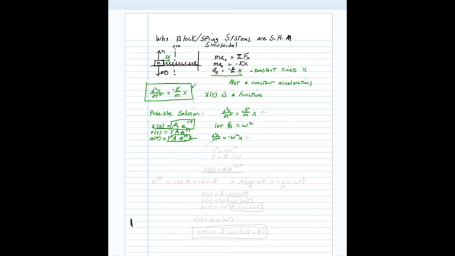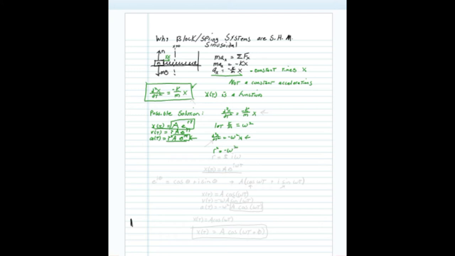And if you look at this specific example here, we have negative omega squared times the original function equals the acceleration. So just map those two things. The second derivative of x with respect to t is the acceleration. x is a times e to the rt, and r squared is negative omega squared. That's what you can see from mapping this out. So r squared is equal to negative omega squared.